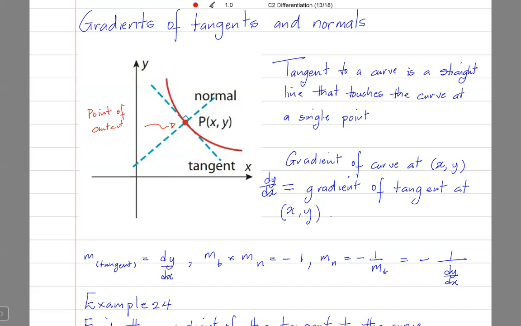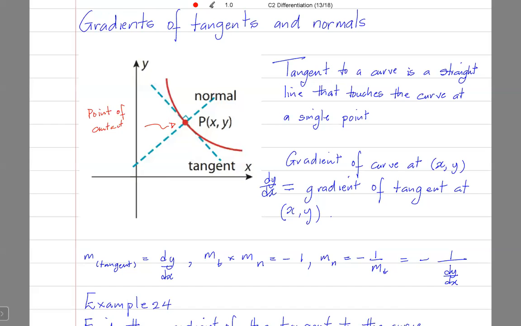In coordinate geometry, we learned that the product of the gradients of perpendicular lines is -1, and perpendicular means at right angles to. So if two lines are at right angles to each other, the product of their gradients is -1.